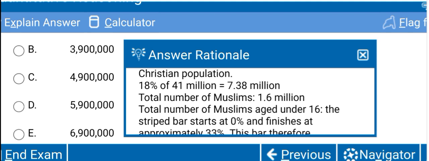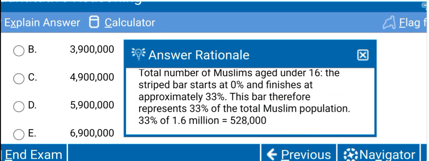Total number of Muslims, that is 1.6 million. Total number of Muslims aged under 16: the striped bar starts at 0% and finishes at approximately 33%.